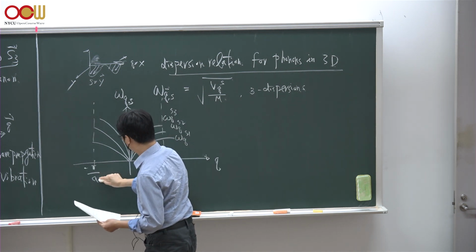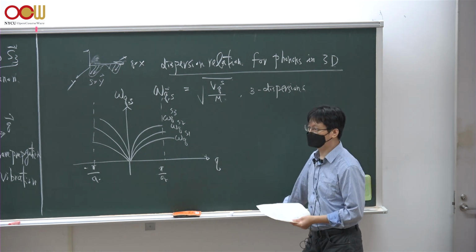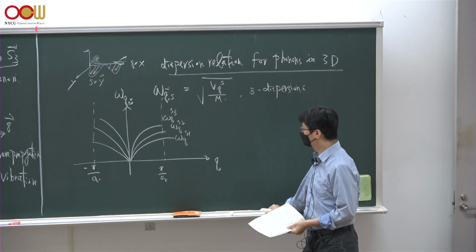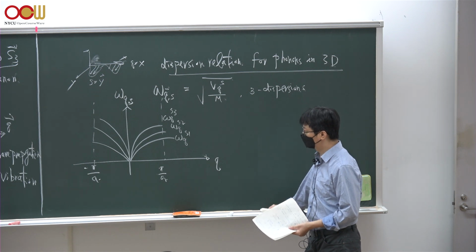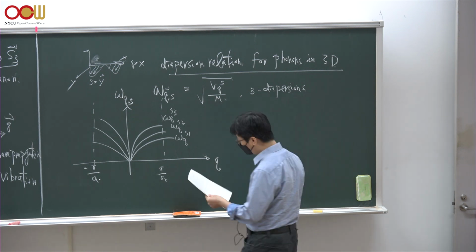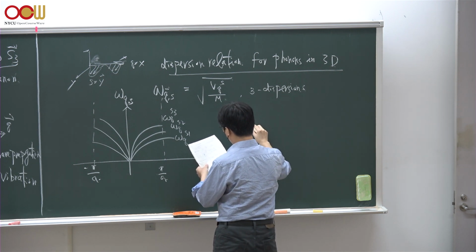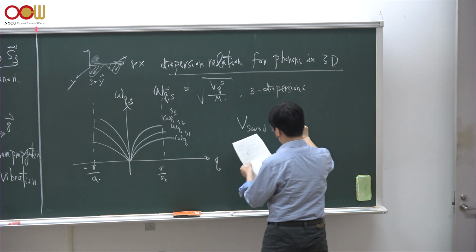So you still restrict yourself to the first Brillouin zone. Okay, so we don't know which is which, but we know that in general there can be three different dispersions corresponding to different polarization directions. And this is called first sound. This is kind of similar to sound wave propagation.